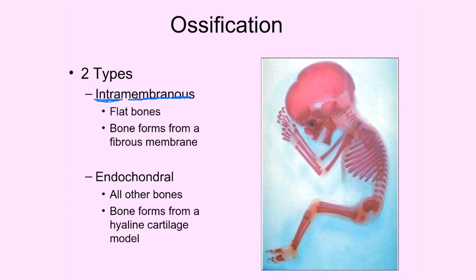You can't see it in this particular diagram, but there's a big area of cartilage right here at the top of the head where the bones haven't fused together and where we've still just got that membrane in which the bone will eventually ossify. This is the soft spot that you see on infants.